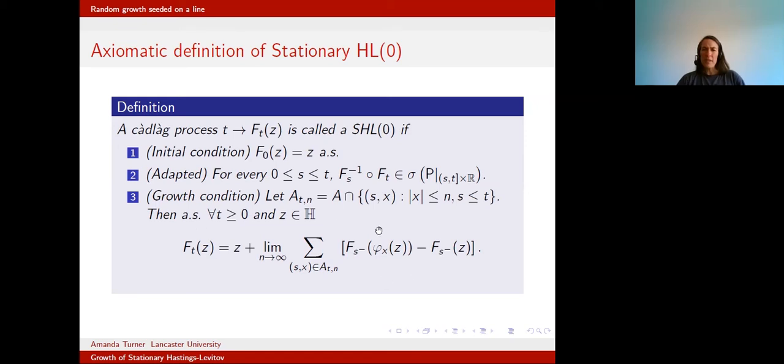So why have I written it in this slightly weird way rather than just saying that? Well, the problem is that in any strip, no matter how thin it is, there are infinitely many Poisson arrivals. And so essentially particles are arriving all the time.